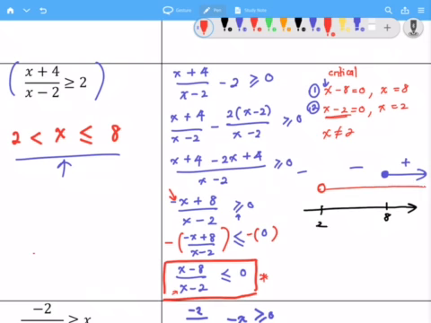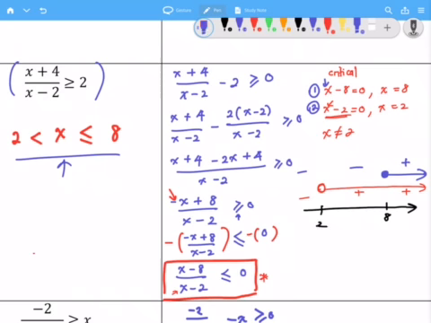So anything above 2 will result in positive value for that particular equation. Anything lesser than 2, let's say 1, if we substitute 1, 1 minus 2, negative 1. So it will result in negative.